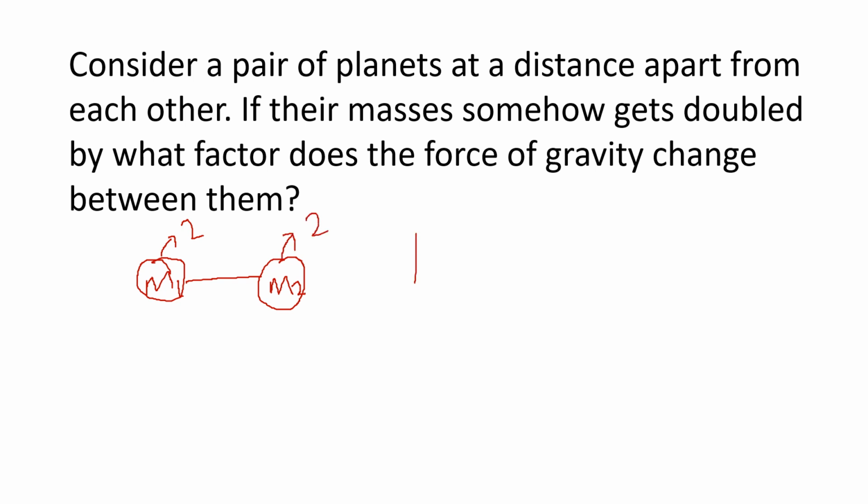Now you know force is proportional to the product of the two masses. So if you are doubling each one of them, it's going to be 2 times 2. So you basically multiply the factors by which you are increasing the values, and that is going to be 2 times 2, which is 4 times.